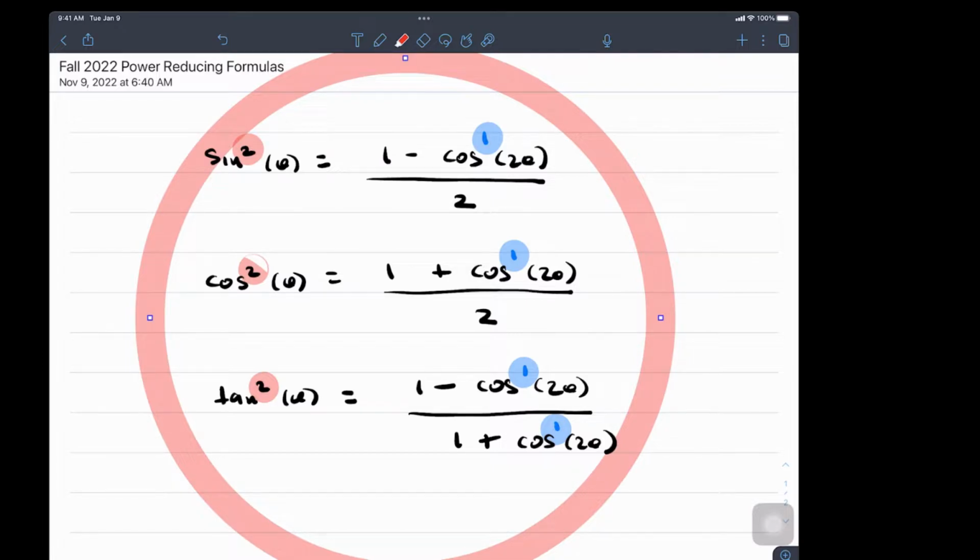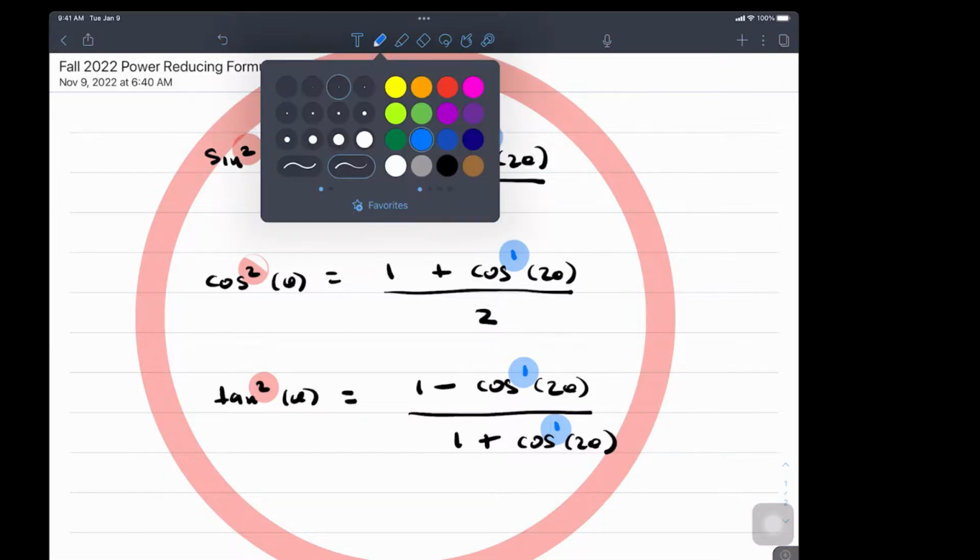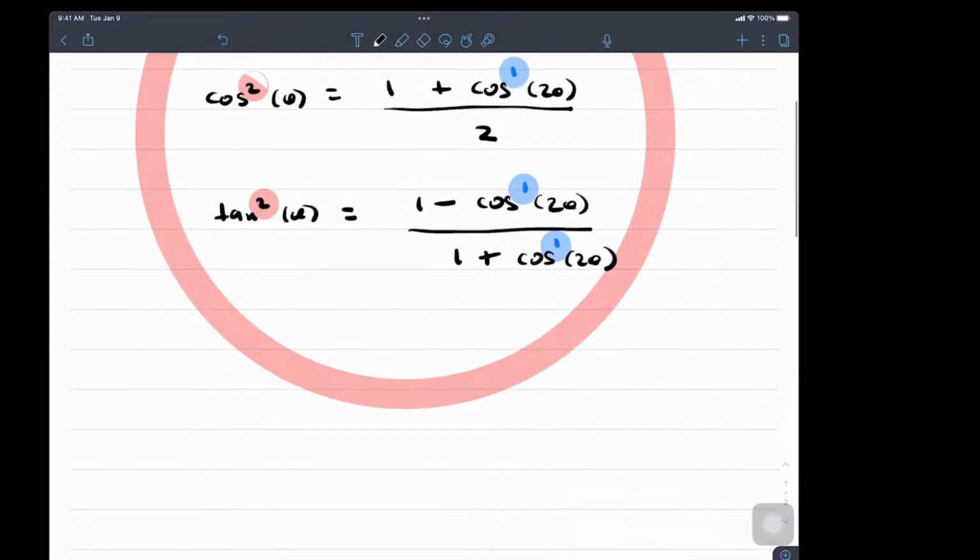When I look at your book, I like even questions a lot of times. My book says, as an example of how to use these power reducing formulas, you have cosine to the 4th power here.